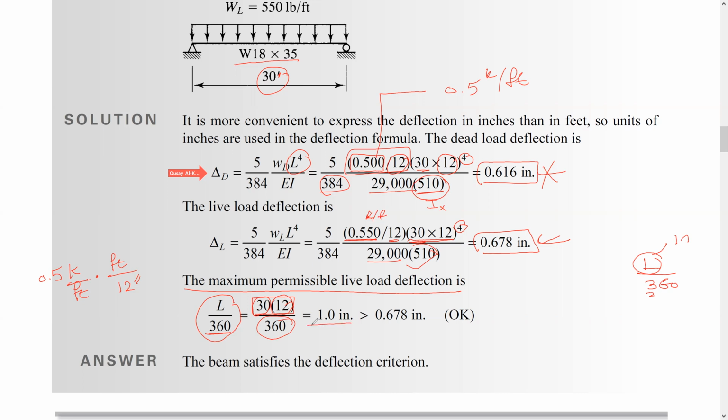So this one is equal to 1 inch, and this one is greater than the value we got here. So the beam is okay for deflection or serviceability limit state. The beam is okay for this limit state.